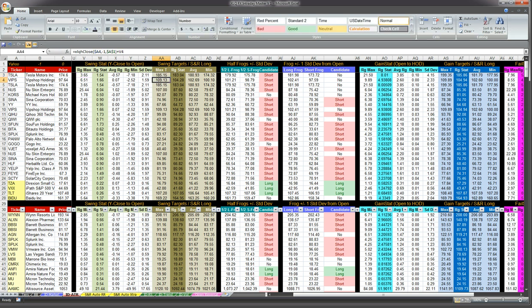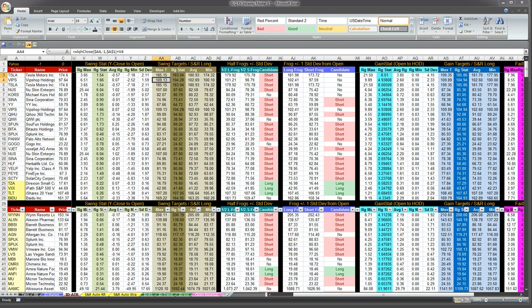So as I'm looking at a chart, or if it's a watch list, I see what the price is, and I'm thinking that maybe I want to get in. The idea behind all of these is to use the data to help me determine whether that would be a good move in terms of risk reward. This one in particular is for swing trades.